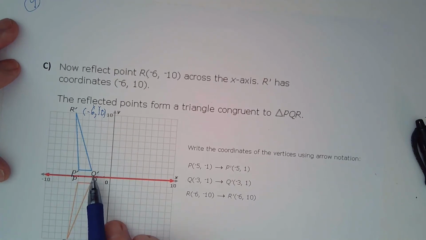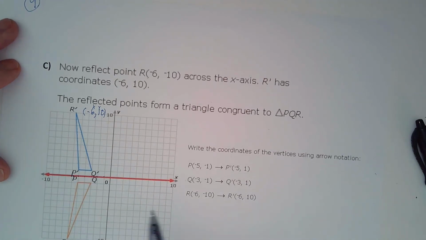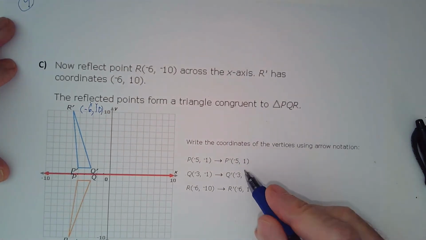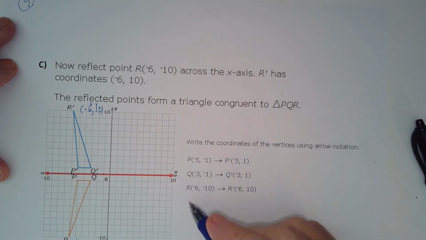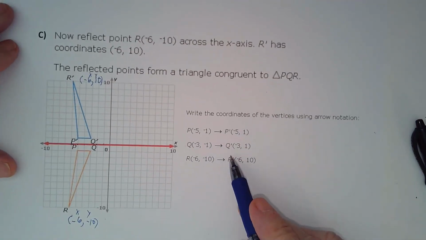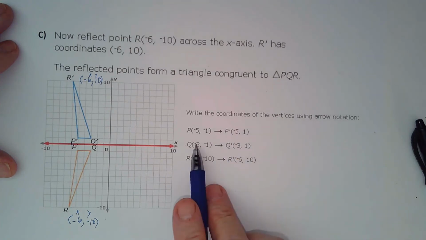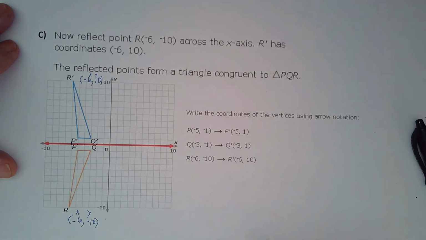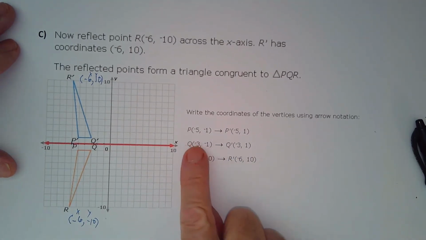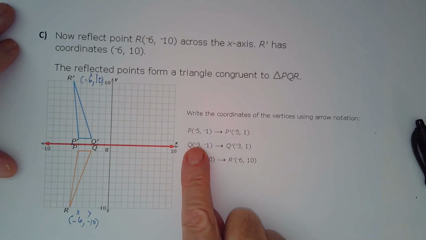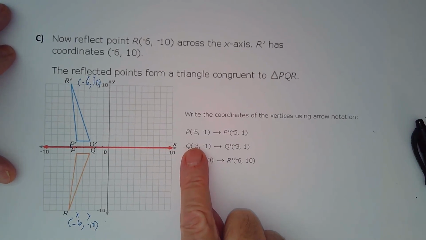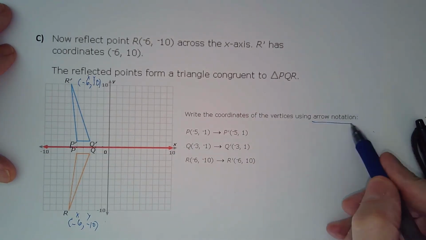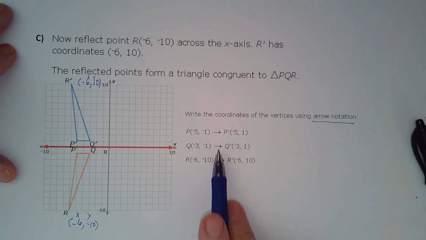Okay, so now that you've got that, they're going to give you something that looks like this. And so this is what you commonly see when you're being asked to do some kind of rigid transformation. This is called arrow notation. And you'll notice it's because there are these little arrows.